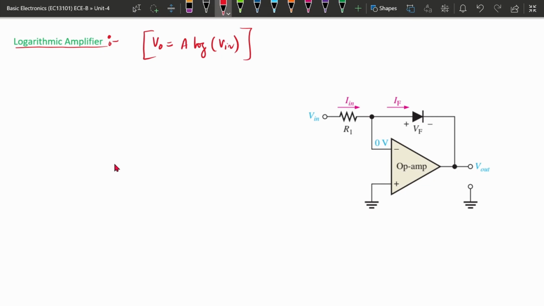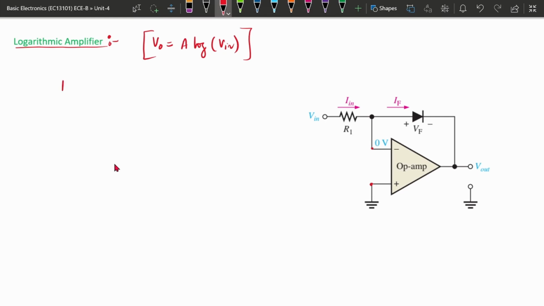If it is an ideal operational amplifier, there will be a virtual ground. If one input is ground, the other is also ground, and no current flows into the op-amp, so whatever current flows here, the same current flows here.